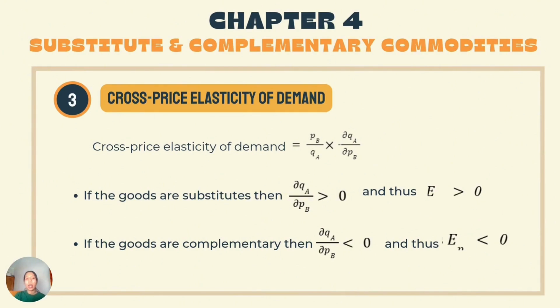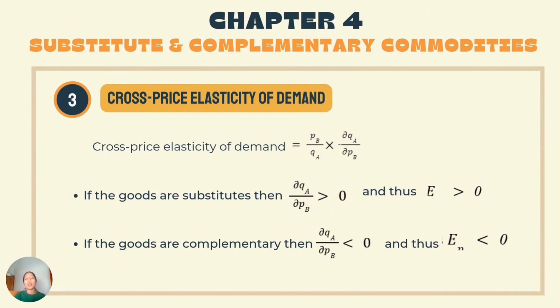Why can we say that? Because the price of product B divided by the quantity demanded for product A is always greater than zero. Price cannot be negative, and the quantity cannot be negative. So the first part is always positive. When we multiply by the partial derivative, which is positive because these goods are substitutes, it leads to the cross-price elasticity being greater than zero.